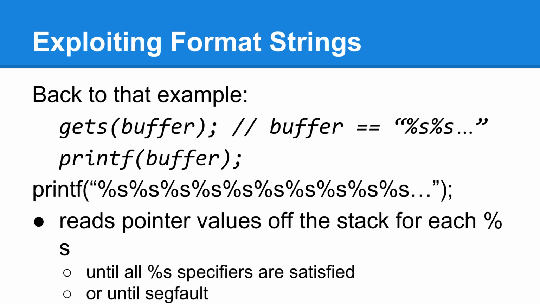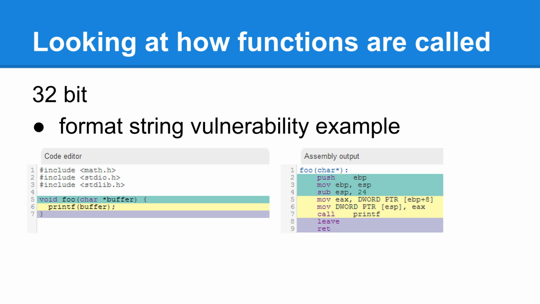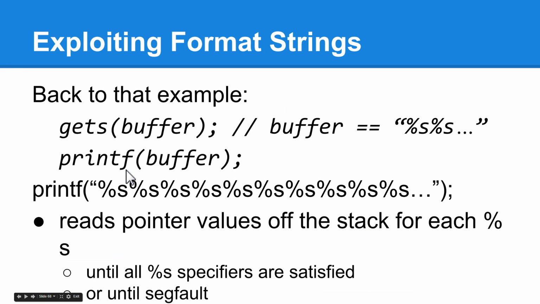So let's go to this example, and say we take in a character string, and then we just do printf, and say that character string is %s, %s, %s, %s, and so on. Let's think about how this is going to behave. When printf is called, it's going to look at the string that's provided to it and look for conversion specifiers.